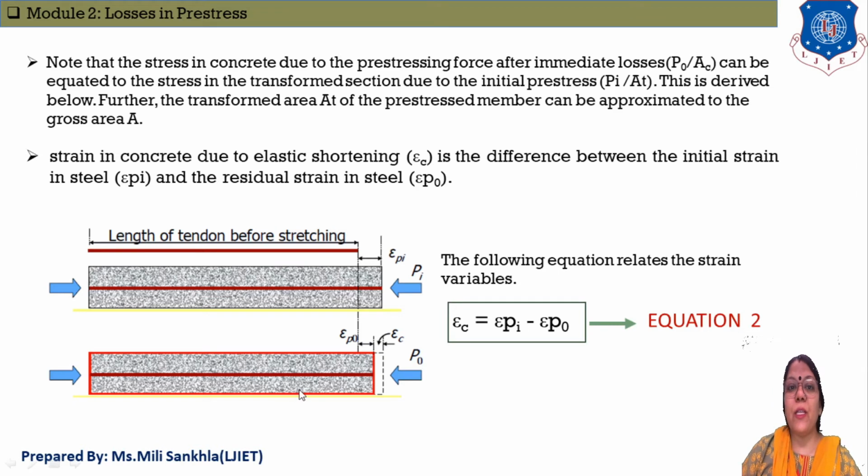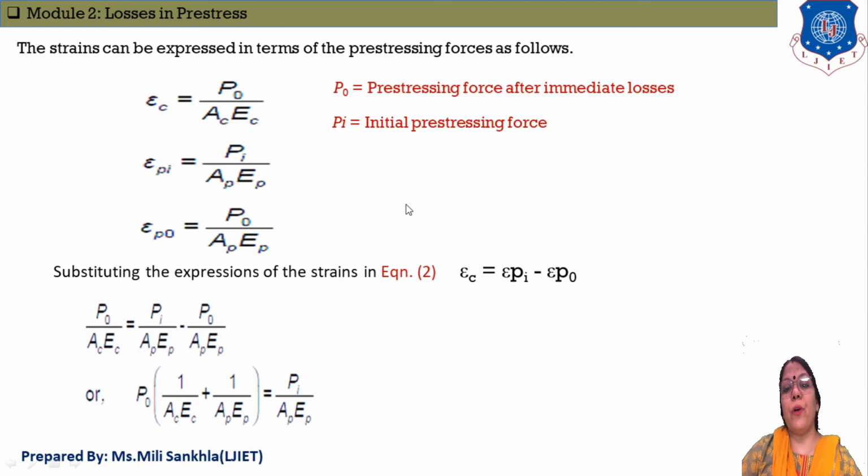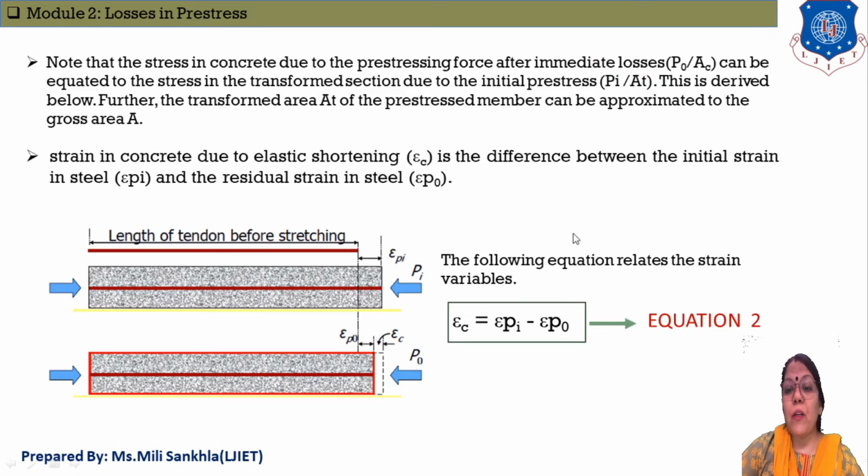The first stage is this one and the second stage is this one, and the difference between the two stages is the elastic strain in our concrete. This is our elastic shortening, epsilon c, which is the difference between epsilon pi and epsilon p0. So we get equation number 2: epsilon c is equal to epsilon pi minus epsilon p0, where Pi is our initial prestressing force and P0 is the prestressing force after immediate losses, and that is our elastic shortening.